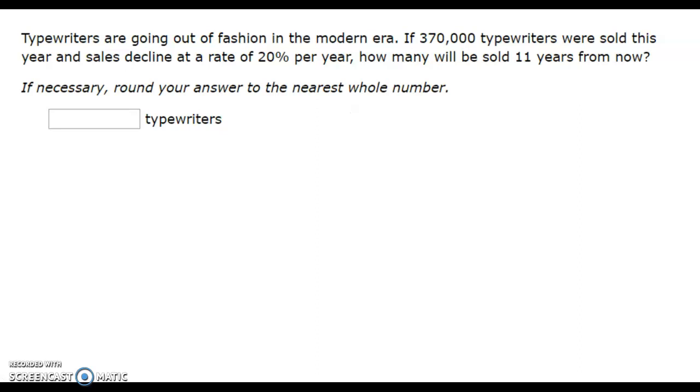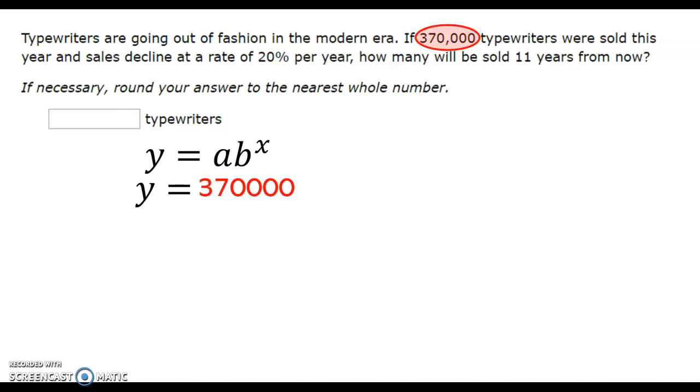Next problem. Typewriters are going out of fashion in the modern era. If 370,000 typewriters were sold this year and sales decline at a rate of 20% per year, how many will be sold 11 years from now? We start with the exponential equation and the starting amount, which is 370,000.